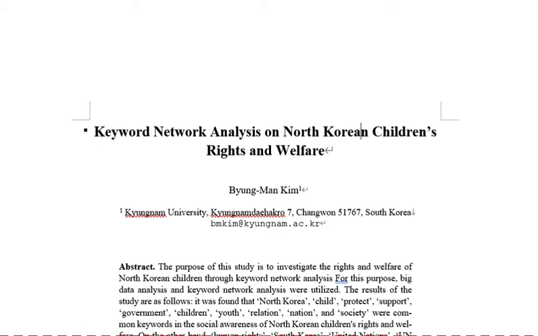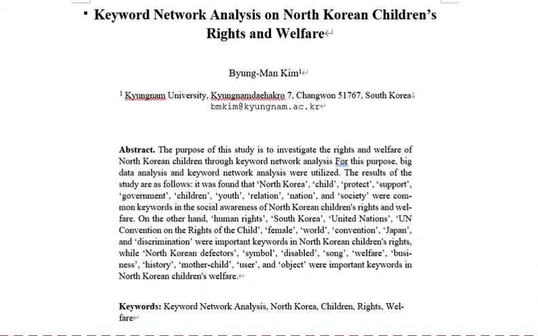On the other hand, human rights, South Korea, United Nations, Convention on the Rights of the Child, Female, World Convention, Japan, and discrimination were important keywords in North Korean children's rights, while North Korean defectors, symbol, disabled, song, welfare, business, history, mother-child, user, and object were important keywords in North Korean children's welfare.